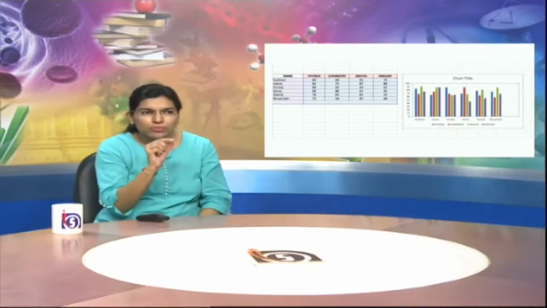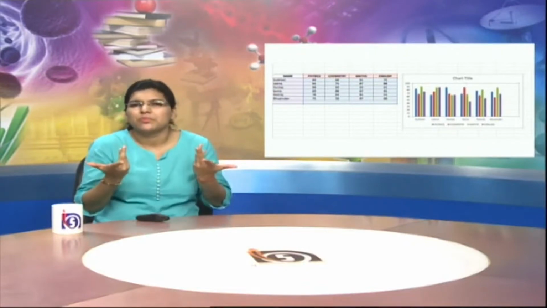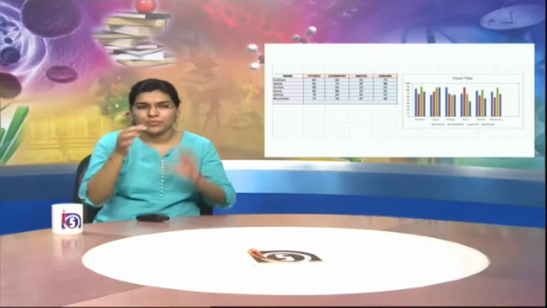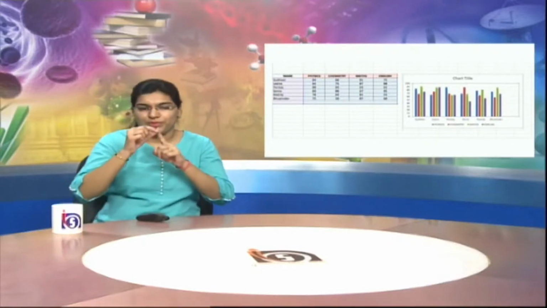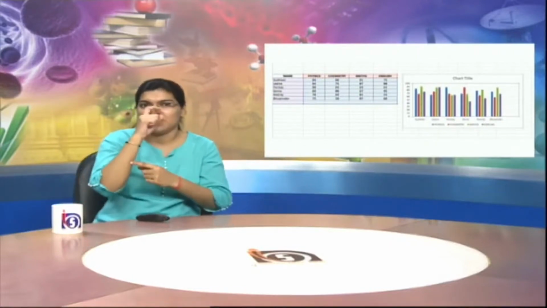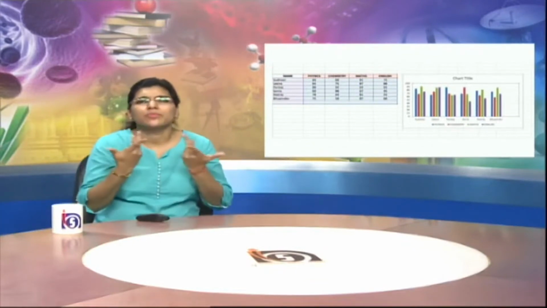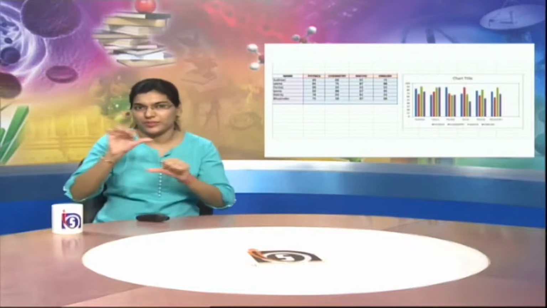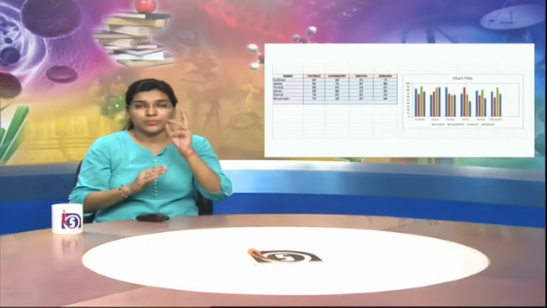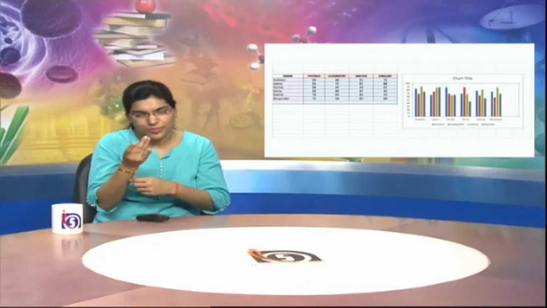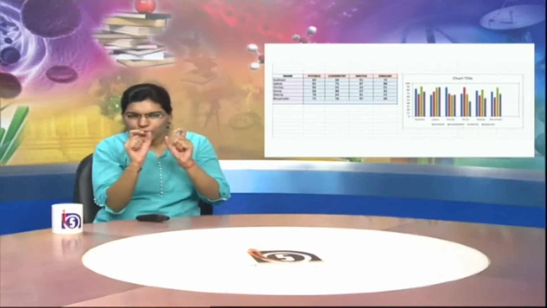And in the picture you can see the colored columns. They are showing, suppose in this picture physics marks are shown in blue color, red is for the chemistry subject, green is for the mathematics marks, and purple is for the English subject.